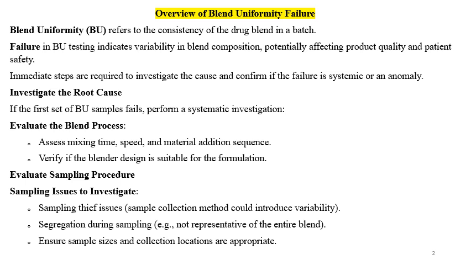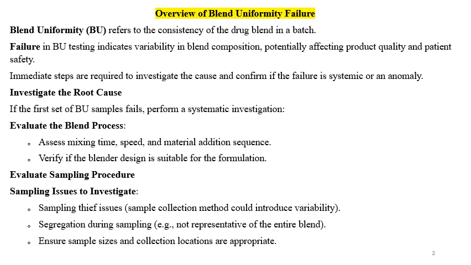Generally, blend uniformity is performed at 1x to 3x sample size, 3x to 5x sample size, or a higher sample size to test whether the drug is equally distributed throughout the blend. This sampling is done in triplicate, and the first set is tested. If it fails, then the investigation process starts to understand the root cause.